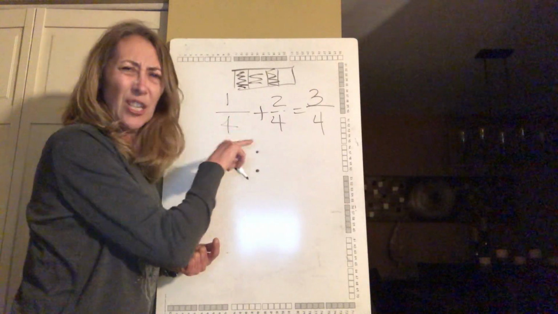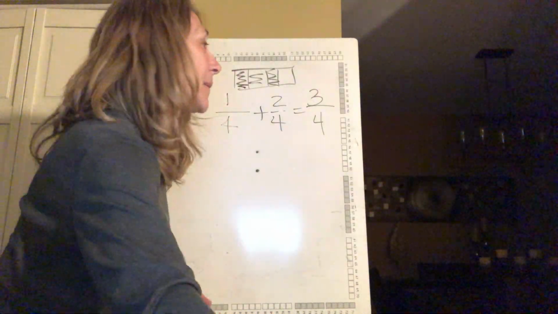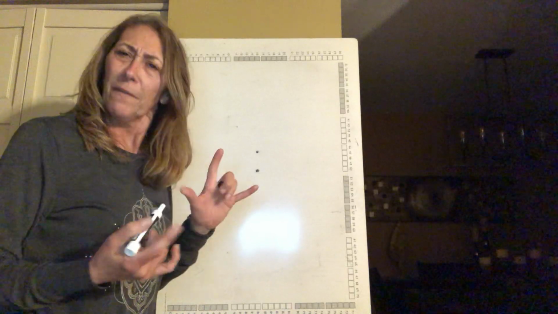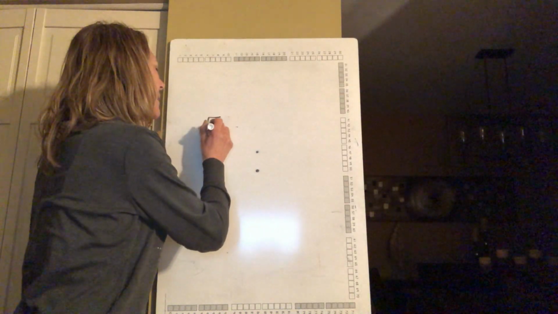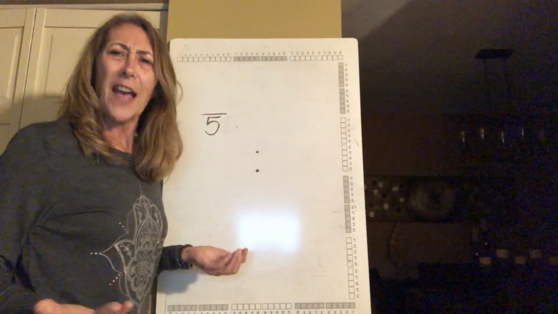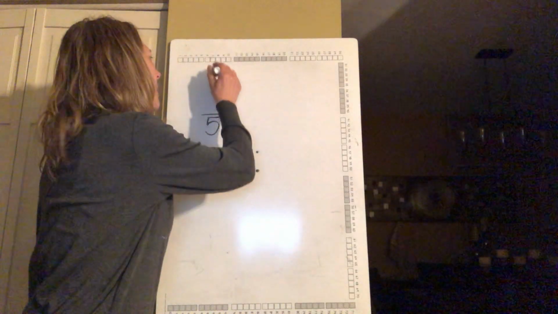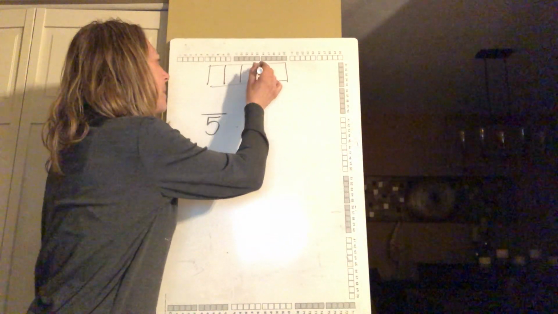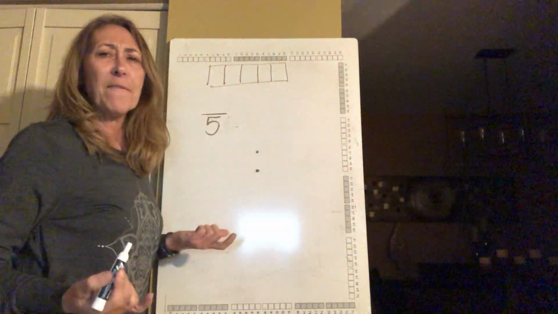So let's say I'm going to change this up a little bit. And I'm going to make my denominator fifths. So that means it takes 5 pieces to make a whole. So I'm going to draw my fraction bar up here. And there's 5 pieces.